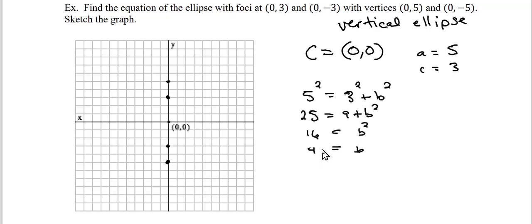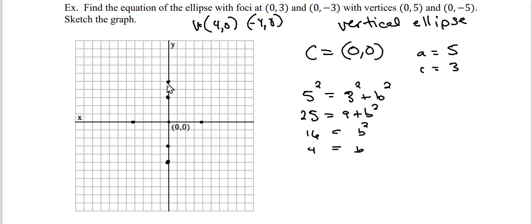What that tells me is my minor axis has length 2 times 4, so I go from the center out 4 spaces. 1, 2, 3, 4. 1, 2, 3, 4. My other vertices, the minor vertices, are going to be at 4, 0, and -4, 0.